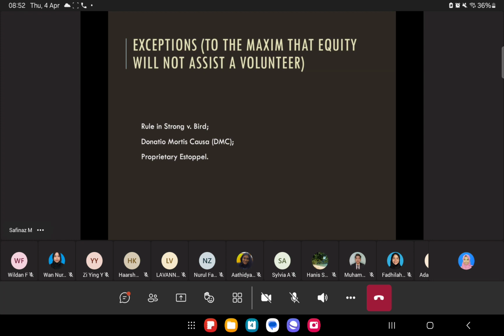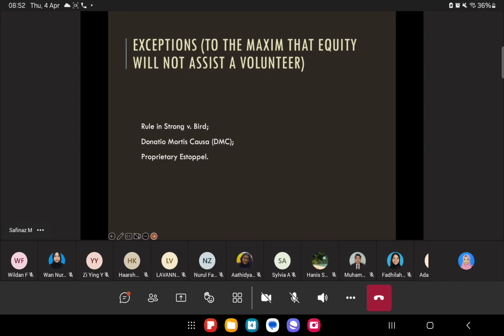Namely, 3 exceptions. Rule in Strong and Bird, Donatio Mortis Causa ataupun DMC, and proprietary estoppel. Proprietary estoppel you dah belajar last semester kan, estoppel, proprietary estoppel, promissory estoppel and proprietary estoppel kan.